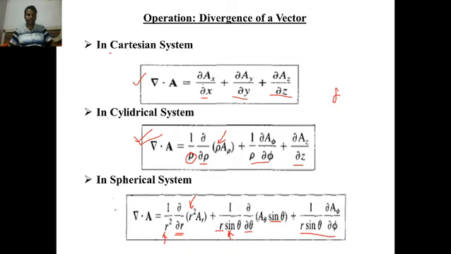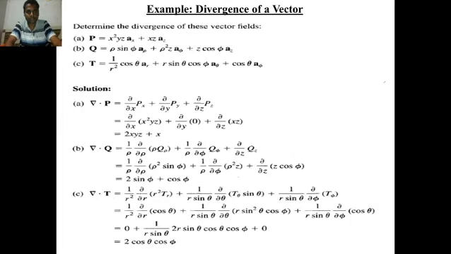So this way you can memorize this formula as well. This formula as it is, write down differential lengths on the denominator side. This formula same, only one additional term r; here two additional terms, r square, and sin theta and this sin theta additional term. This way you can memorize this particular divergence formula for three coordinate systems.